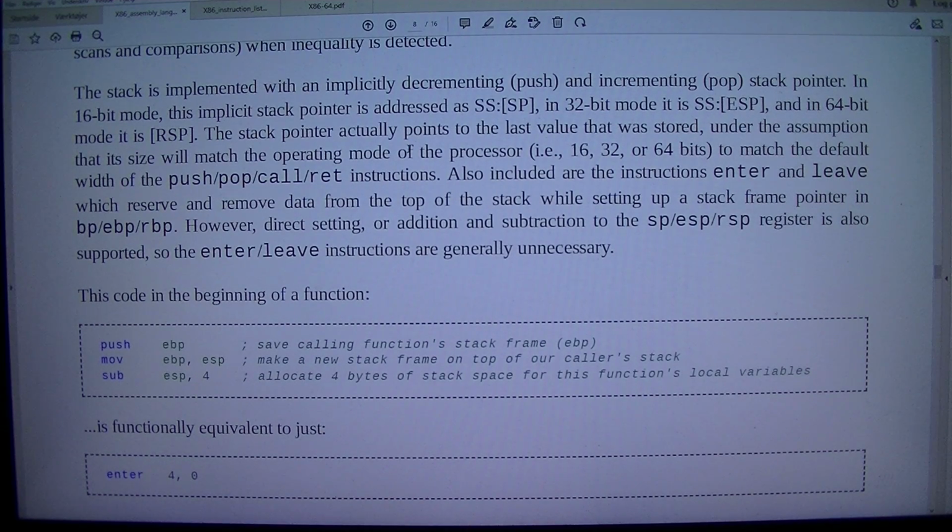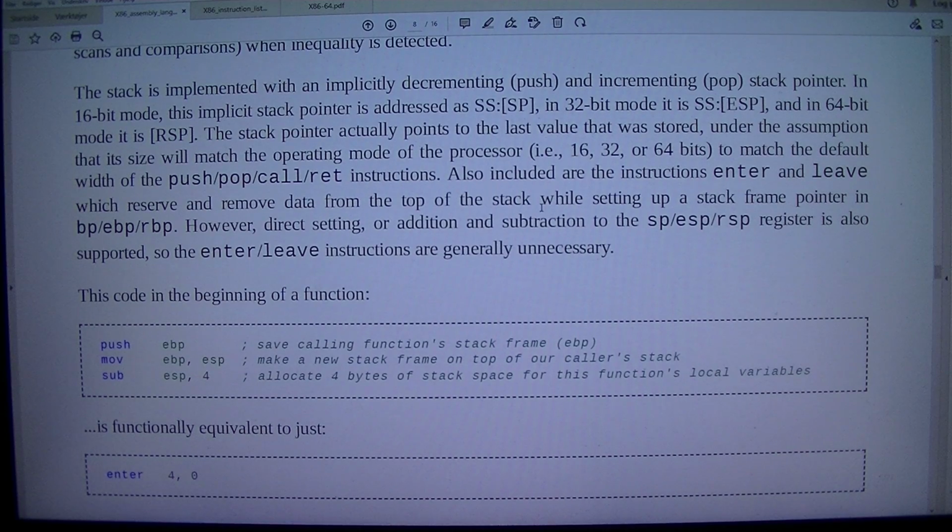The stack pointer actually points to the last value that was stored, under the assumption that its size will match the operating mode of the processor, i.e., 16, 32, or 64 bits, to match the default width of the push, pop, call and ret instructions.